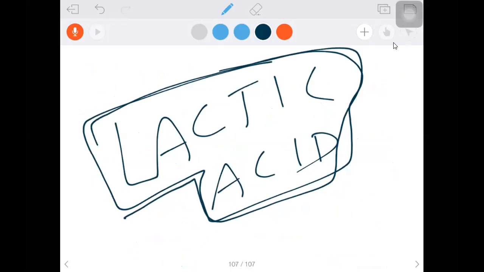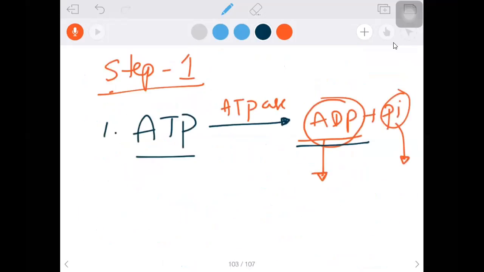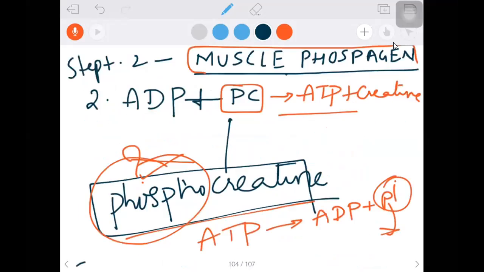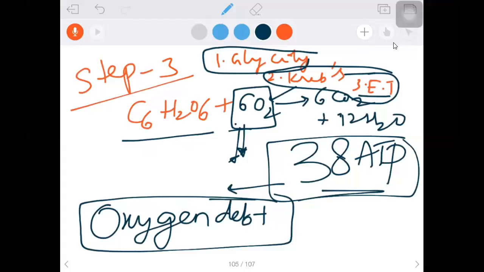Now let us remember what we learned in first year. Skeletal muscles work fast but undergo fatigue, isn't it? When they are working fast, we use ATP, we use muscle phosphagen, we use oxygen.